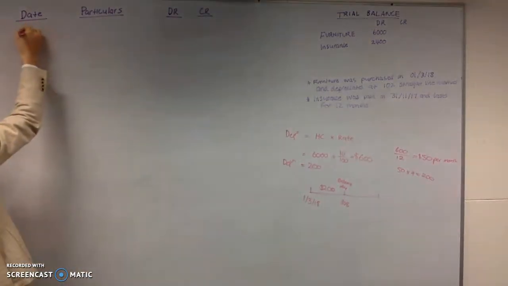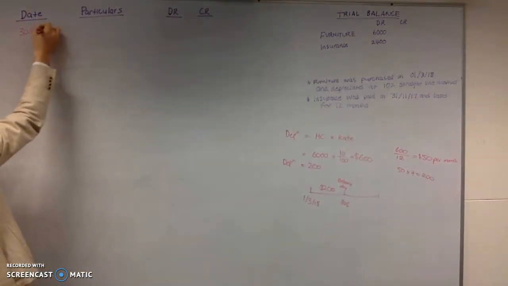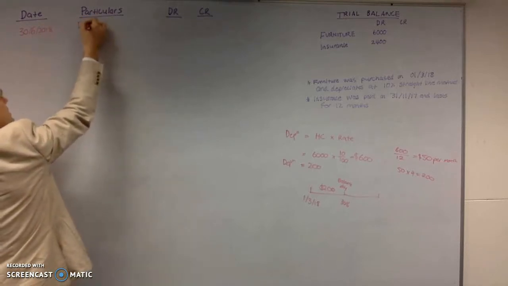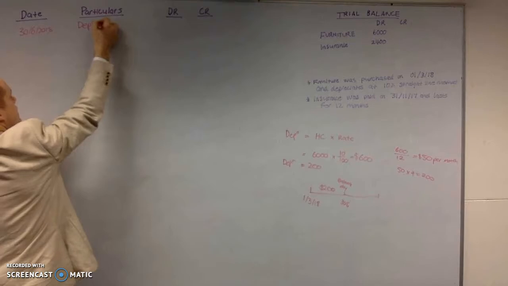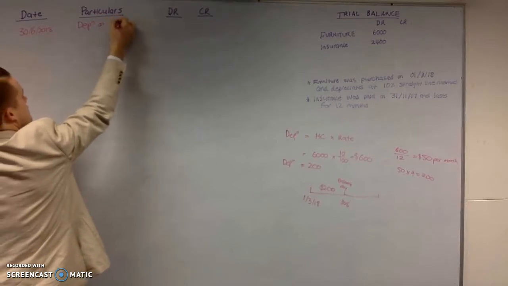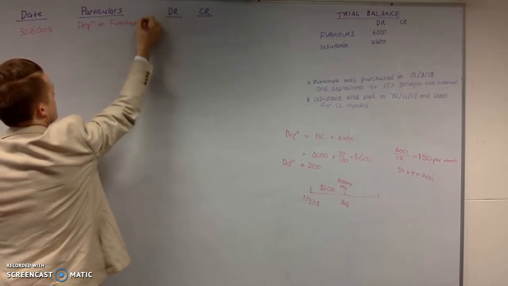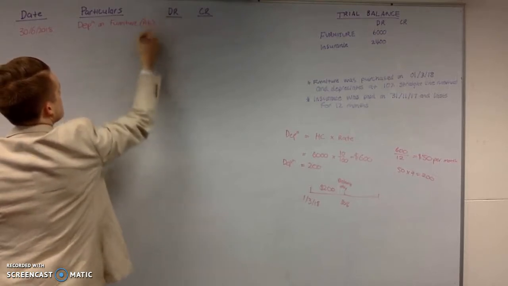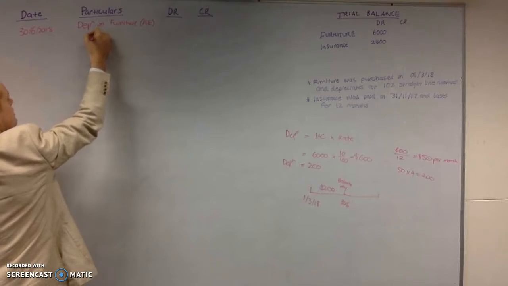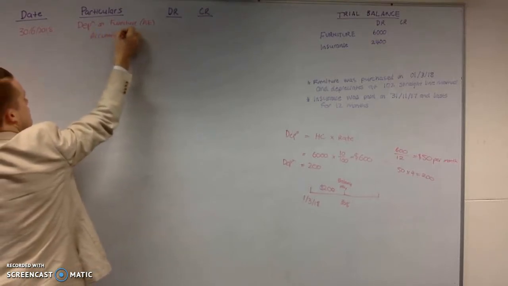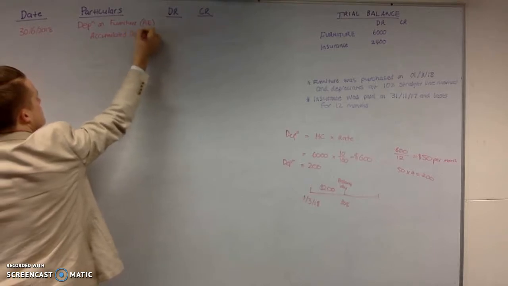30th of the 6th, 2018. A debit entry is depreciation expense on furniture, admin expense, and then accumulated depreciation.